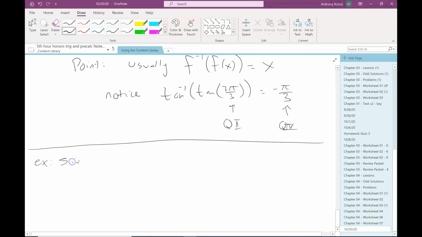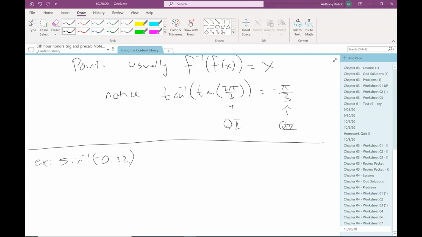What if we asked you to do sine inverse of negative 3.2? Or I'm sorry, negative 0.32. Can we use the unit circle to get this? Is negative 0.32 a y-coordinate on the unit circle? No way, Jose.